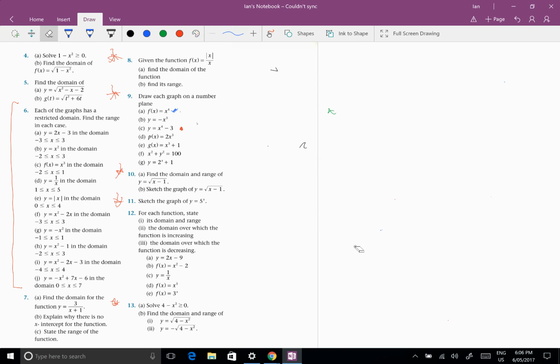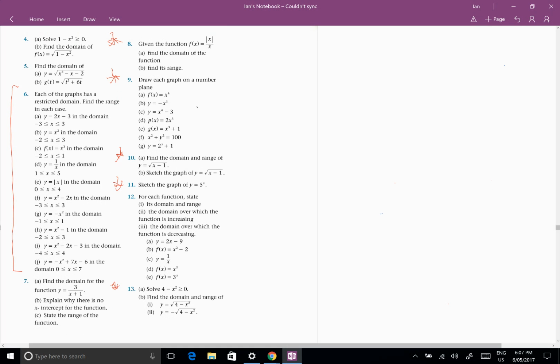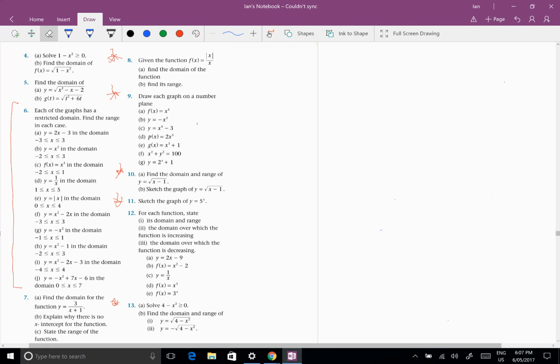Now 9B, you should recognize it. You should remember it. It is a cubic and you should know what it looks like. But let's say you didn't and you forgot what it looks like. Well, let's try and see if it's odd or even. So let's find f of minus x.